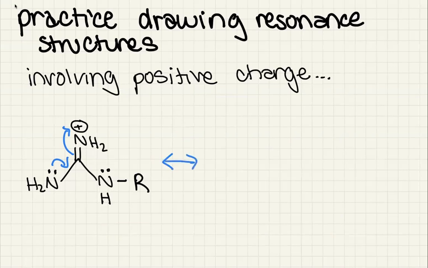Okay, so we end up with something like this, where we have our H2N double bonded to our NH2 with lone pair, and that's still a single bond. That's going to be our NH still, and that's going to be our R.